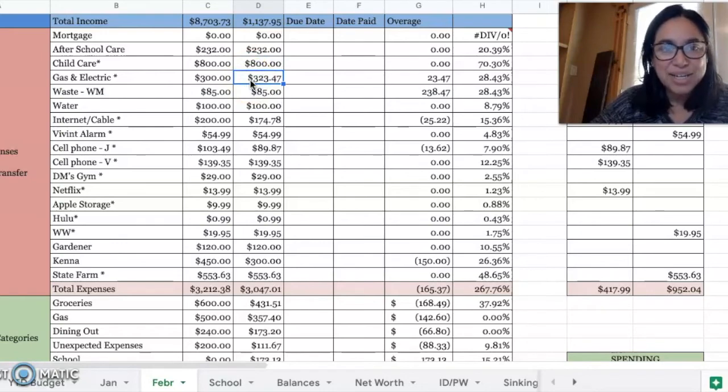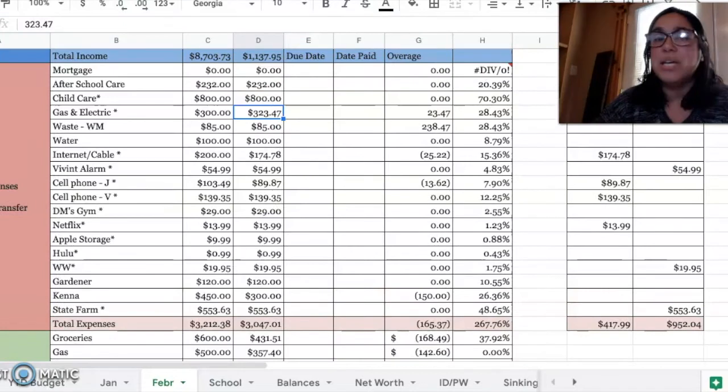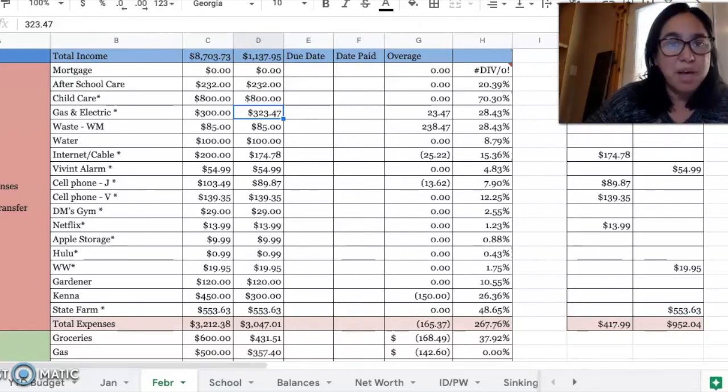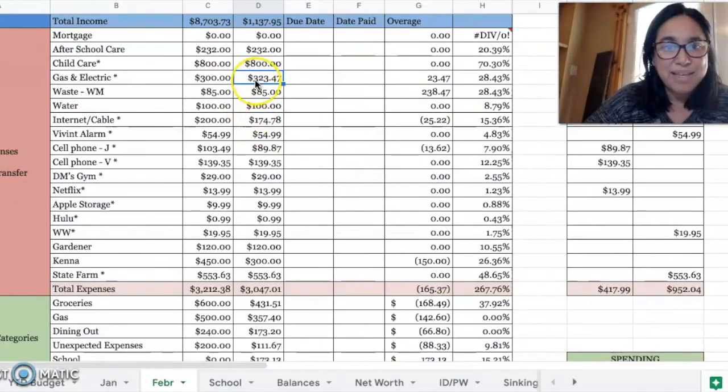Gas and electric, I believe this was what PG&E was. I'm just checking on my computer. Do I have it on here? Maybe not. I'll have to check that, but I think actually that's how much it is, and we're over.